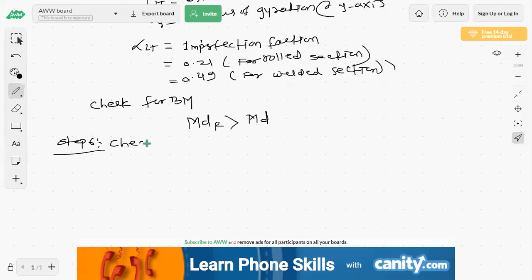Step number 6 is check for design of beam. Now we have to take 3 checks: check for web crippling, check for web buckling, and check for deflection.